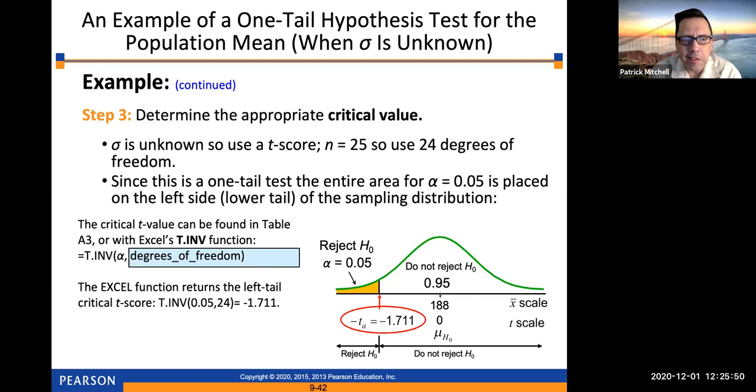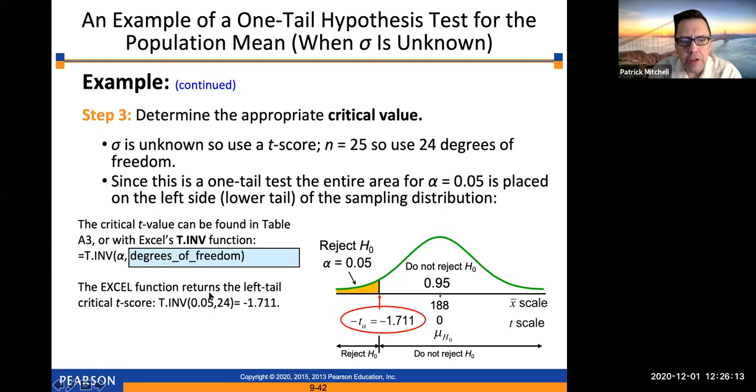You can also use Excel using the function t.inv. So the way that works is you would go to an empty cell, open a blank worksheet, and type equals t.inv. And then in parentheses, you would put your level of significance, which for this problem is 0.05, and then your degrees of freedom.